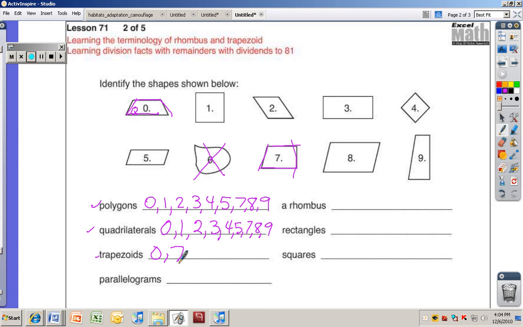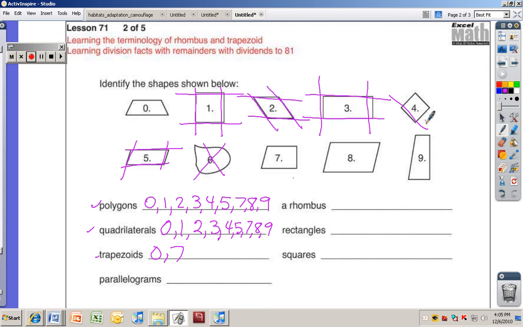Parallelograms have two sets of parallel sides. So this right here would be a parallelogram, number 5. Number 1 would be a parallelogram because it's parallel both directions. 2 is a parallelogram. 3, parallelogram. Number 4, parallel this way, parallel that way.